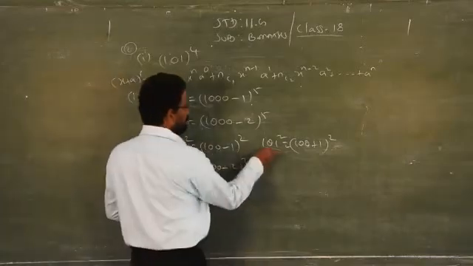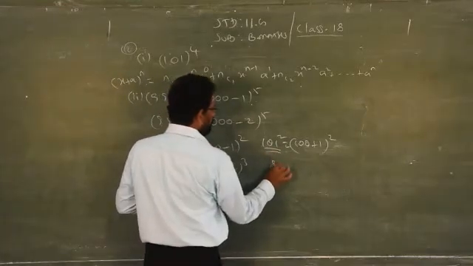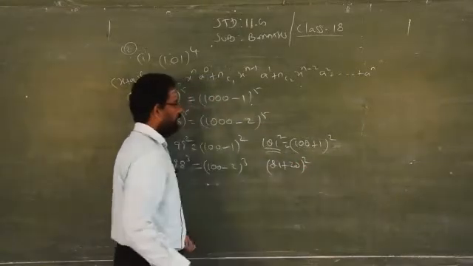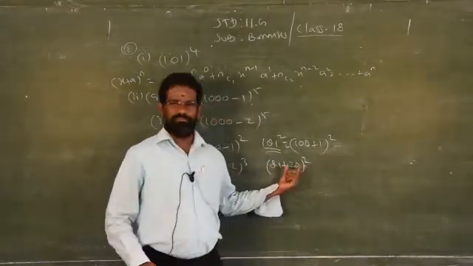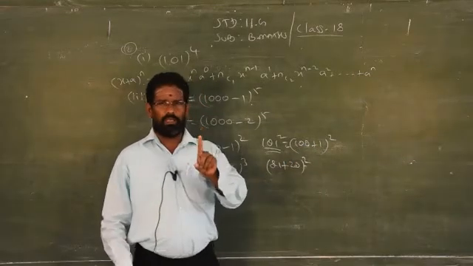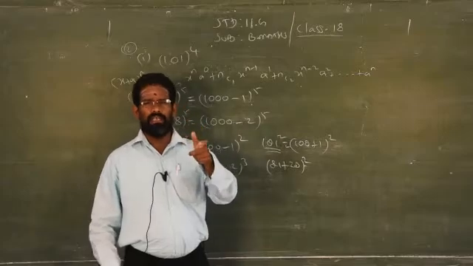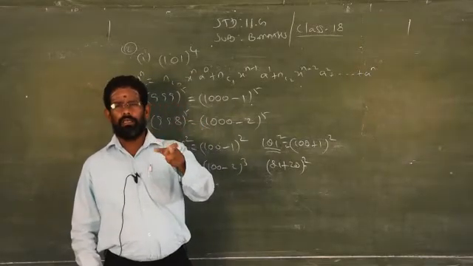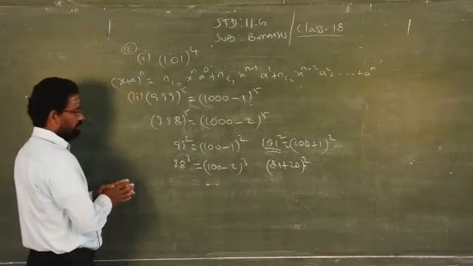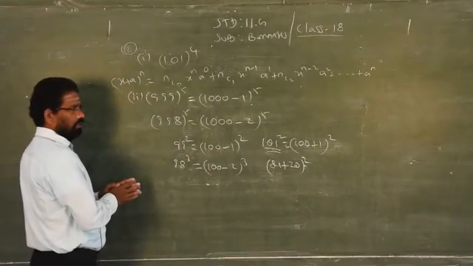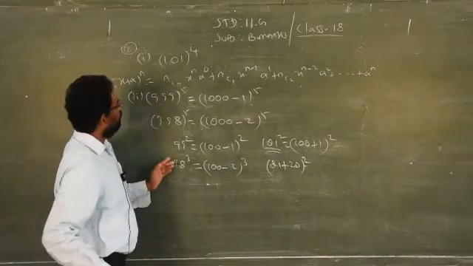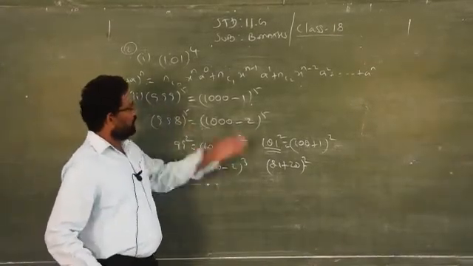Even if you replace 101 by something like 81 plus 20, the whole square also gets the same answer. But for the calculation, if you keep one of these two as 1 and the other as a power of 10 like 10, 100, 1000, 10,000, then the simplification part will be very easy. Clear? There is no condition, no constraint that you have to keep only 1000 or 100.